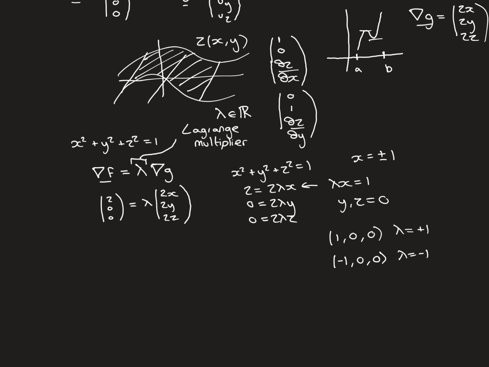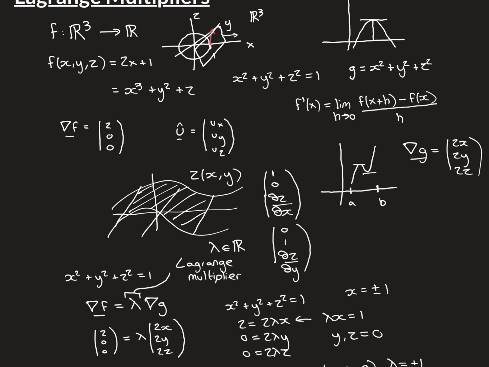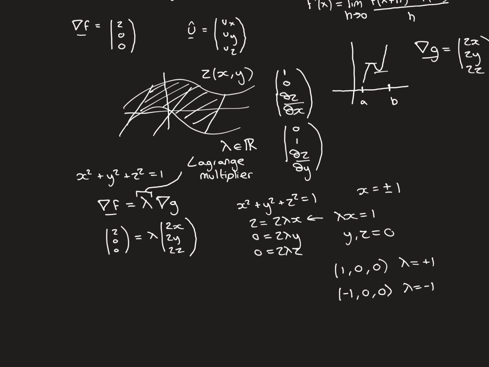And in this case, if you plug in minus 1 here, you get the gradient vector pointing in the anti-parallel direction. It's pointing in this direction here. So you'll get minus 2, 0, 0, which is, of course, anti-parallel to this. So the Lagrange multiplier needs to be negative 1. So there we have the 2 solutions. Those are the only 2 points on our sphere where the function is stationary.